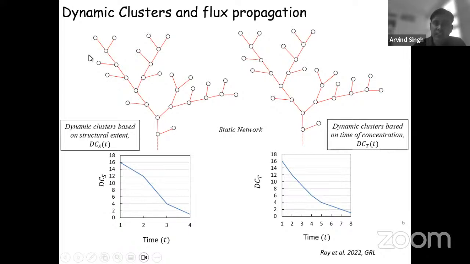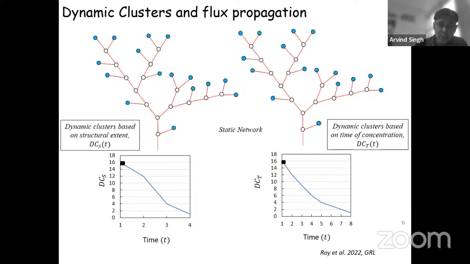So here in this particular example, which represents 16 source nodes, we'll see how the fluxes propagate and how the patterns of connectivity are different as the fluxes propagate from upstream to downstream.